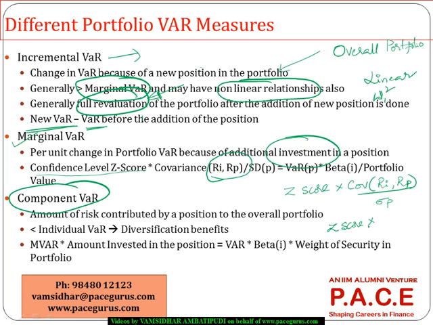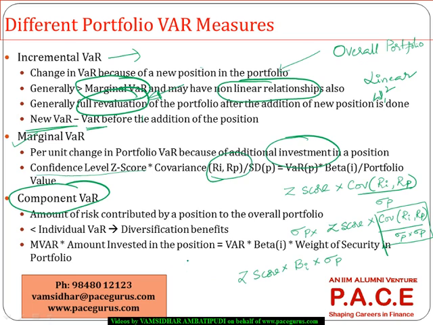Z score into covariance of return on security and return on portfolio divided by the standard deviation of portfolio. You multiply the denominator with the standard deviation of portfolio and even the numerator with the standard deviation of portfolio. Then this becomes the beta of the security with respect to the portfolio. So it is Z score multiplied by the beta of the security with respect to the portfolio multiplied by the standard deviation.